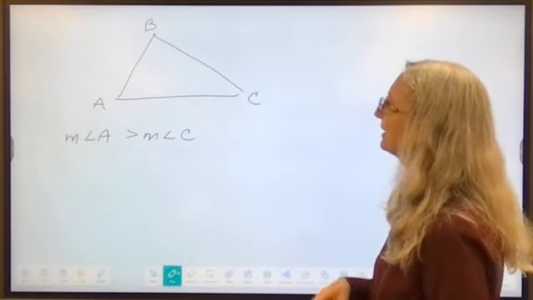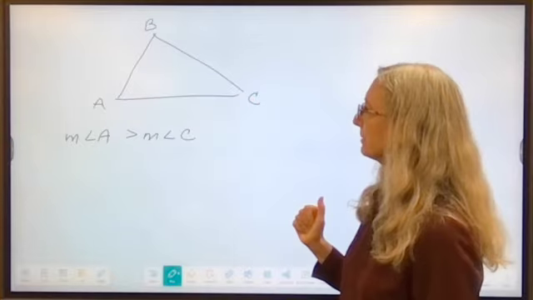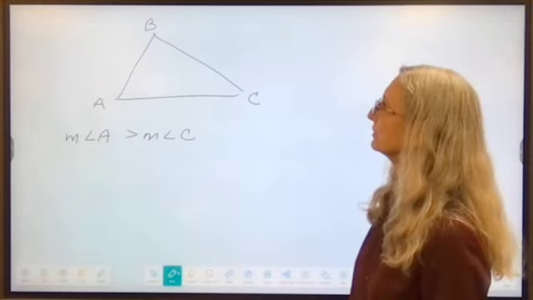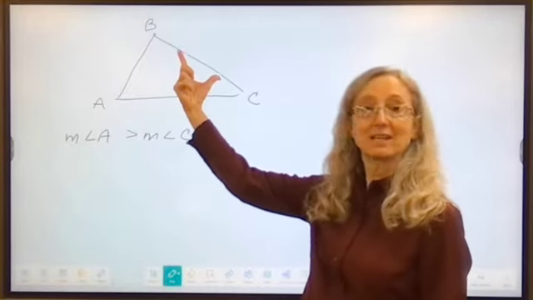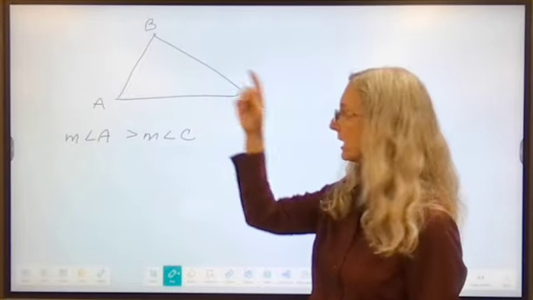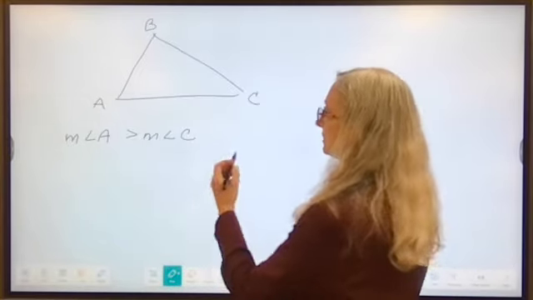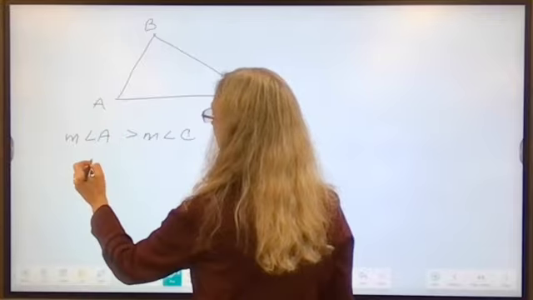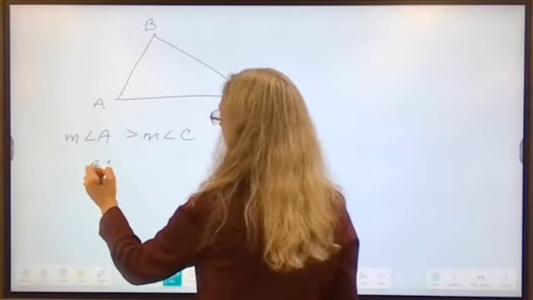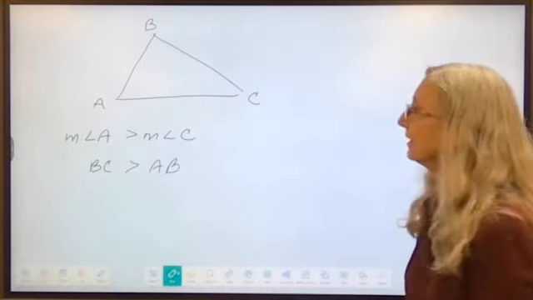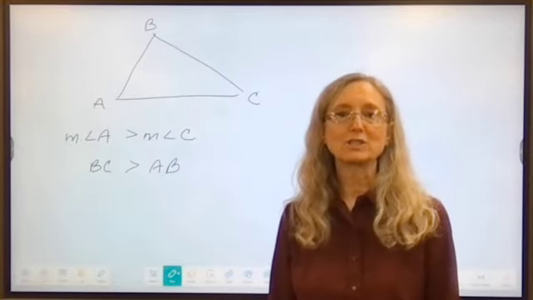So the measure of angle A is greater than the measure of angle C. So if the measure of angle A is greater than the measure of angle C, then that means BC, which is across from angle A, has to be greater than AB, which is across from angle C. So BC has to be greater than AB. The longer side is across from the larger angle.